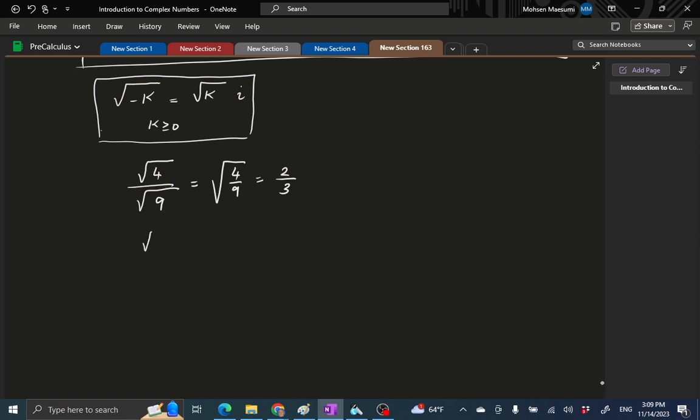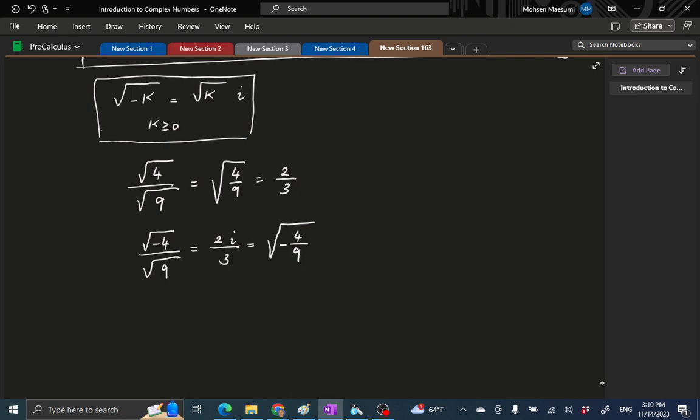Well, let's try one by one. Suppose I had square root of -4 over square root of 9. So what's that going to be? This is 2i over 3. And that would be same as having 4/9 negative in the square root and taking 4/9 outside, and square root of -1 is i.